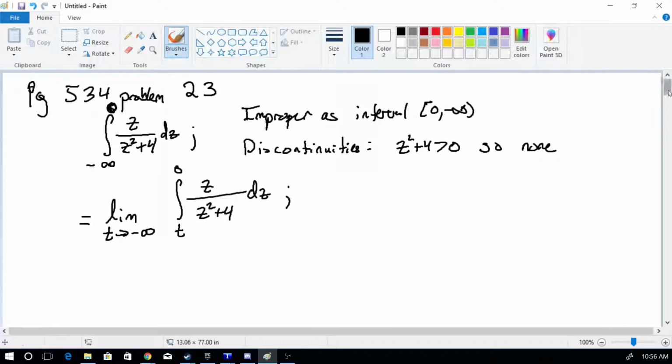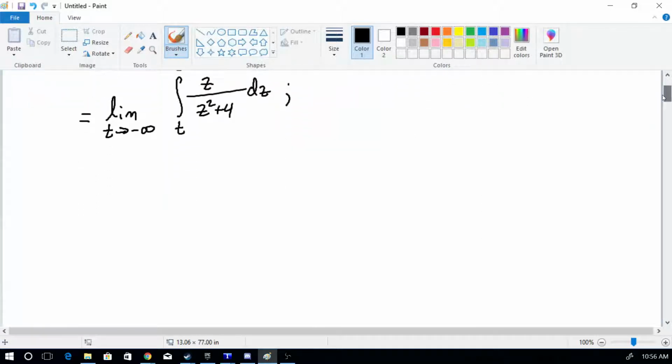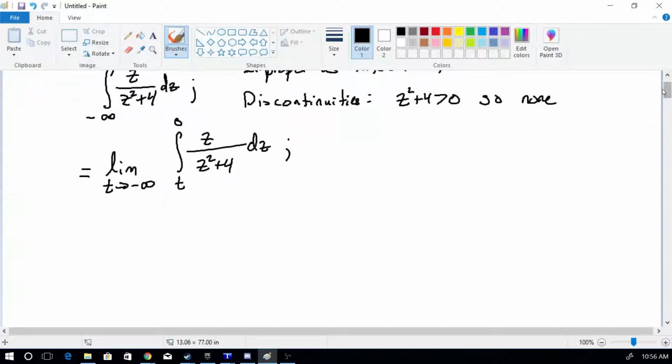So step 1, let's give ourselves some space here. We're just going to solve the definite integral, t to 0, z over z squared plus 4 dz.